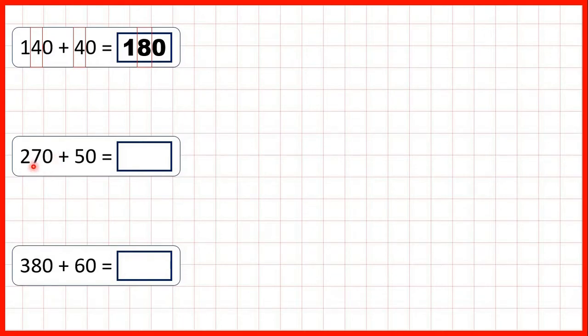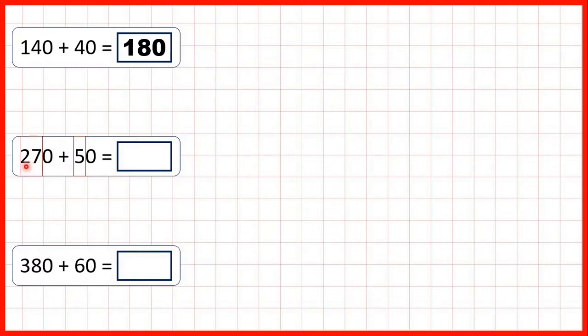So now let's try 270 plus 50. Here, if we highlight our tens digits, we have 7 tens and we're adding 5 tens. But that gives us 12 tens, and 12 is a 2-digit number. Remember, we can only have 1 digit in each place value.